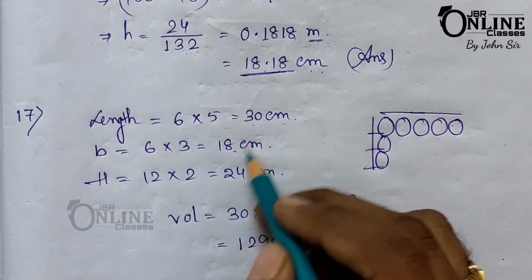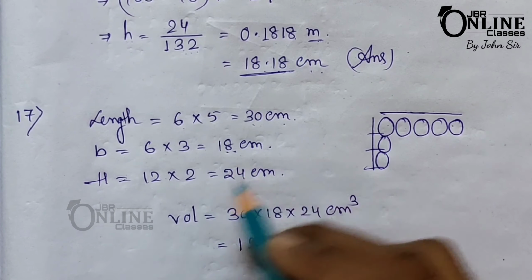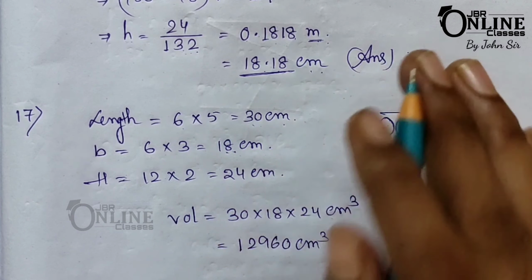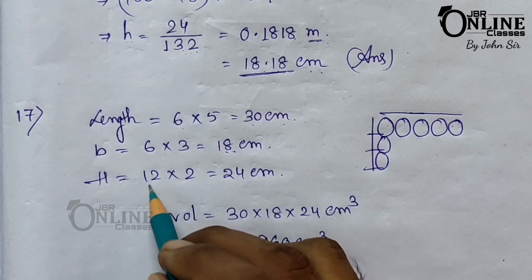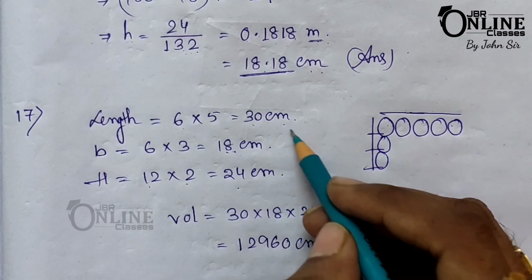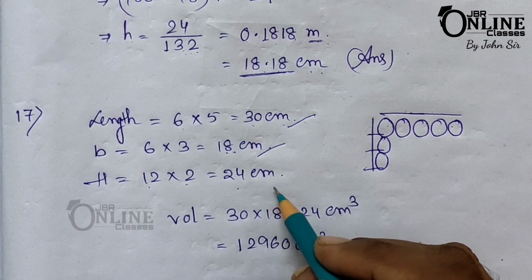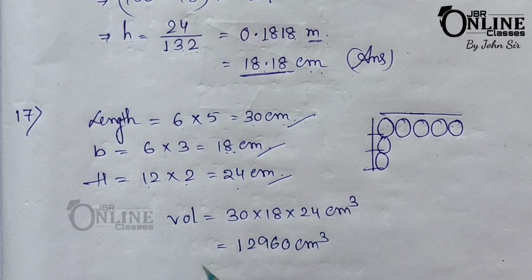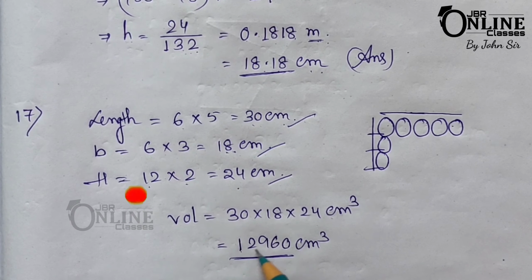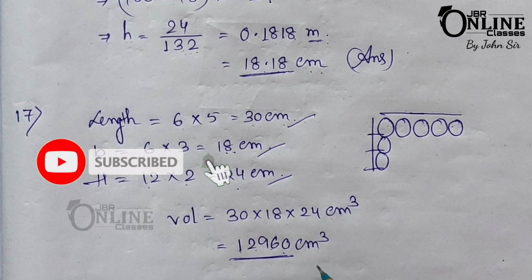So length equals 30 and breadth equals 18. And what is the height? As there are 2 layers, 12 into 2, that means 24. So length 30, breadth 18 and height equals 24. Now you can easily find the volume by applying the formula, and that equals 12960 centimeter cube.